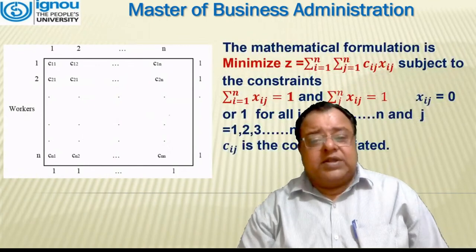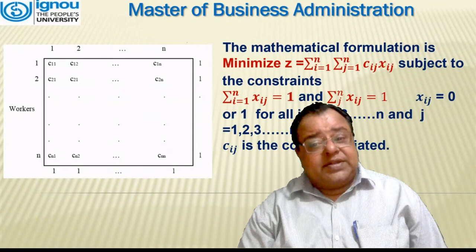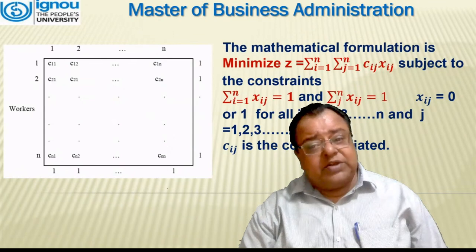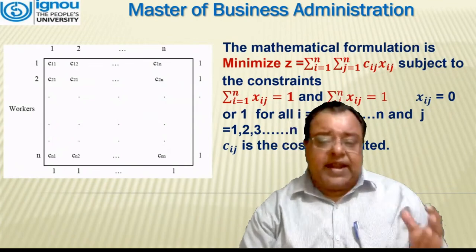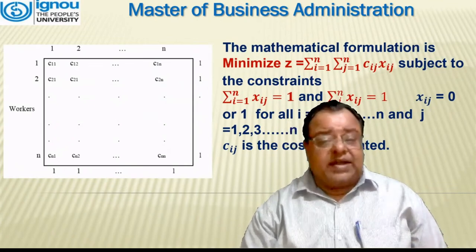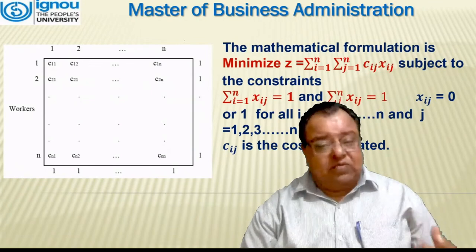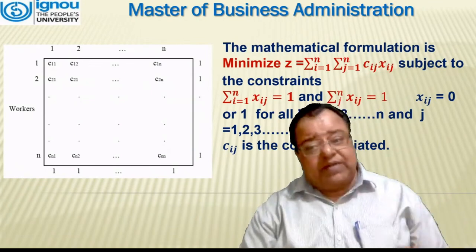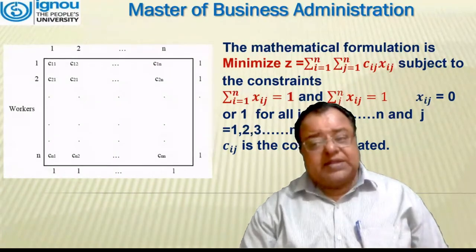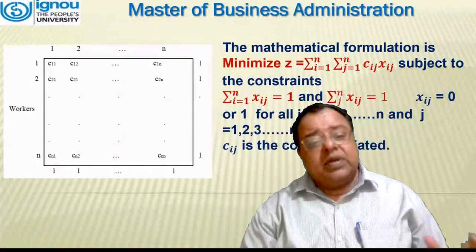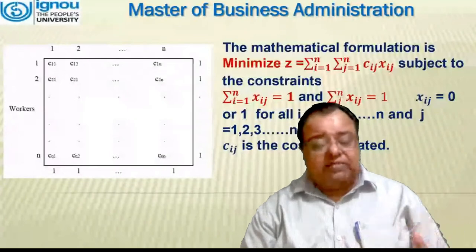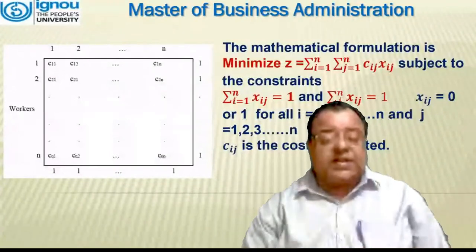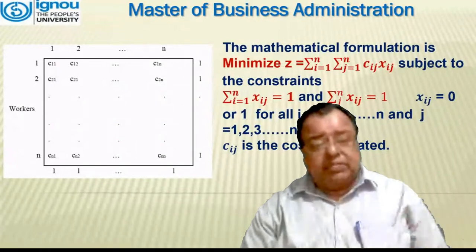The mathematical formulation is to minimize Z equal to the summation over i from 1 to n and j from 1 to n of Cij times Xij, subject to the constraints that the sum of Xij over j is equal to 1 and the sum of Xij over i is equal to 1, for all i from 1 to n and j from 1 to n, where Cij is the cost associated with each assignment.